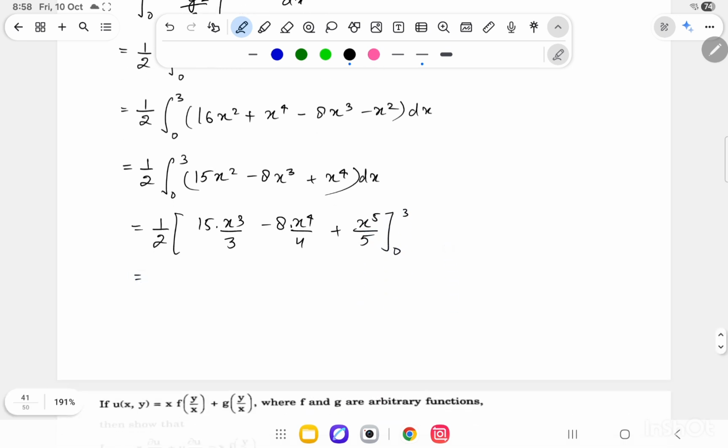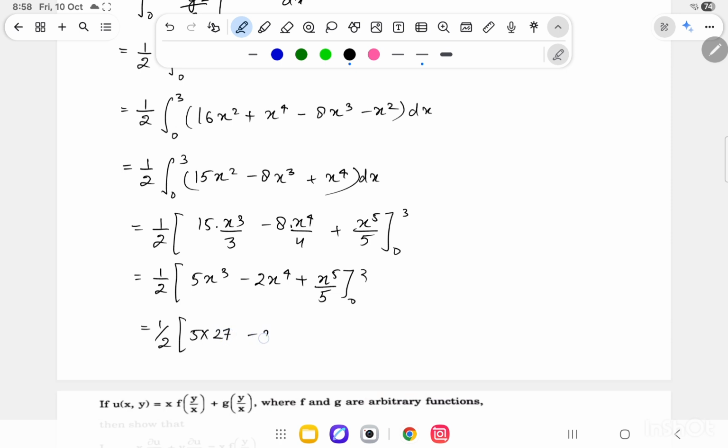If I simplify it, it will be 1 by 2 times (5x cube minus 2x raised 4 plus x raised 5 by 5). Its final value is 1 by 2 times (5 into 3 cube, that is 27, minus 2 into 3 raised 4, that is 81, plus 3 raised 5 by 5). So this is the final value, and you can simplify it to get the answer.